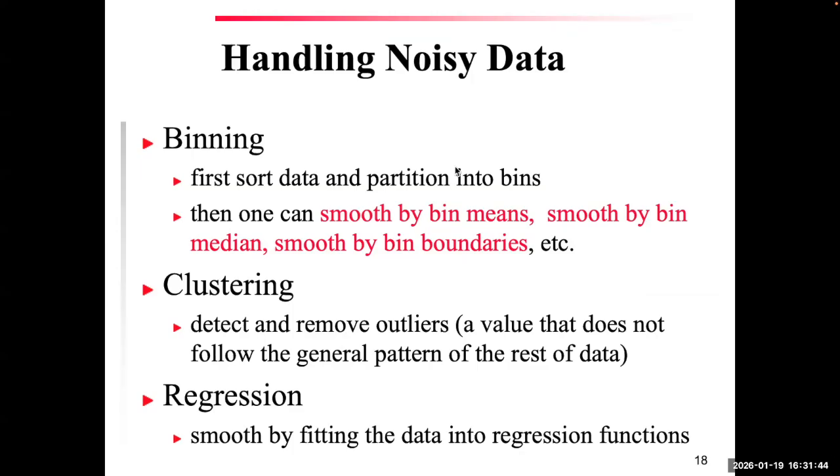This is why binning helps. When you do binning, we said that we smooth by bin means or median or boundaries, etc. So when you're smoothing the data, it means your extreme values or the random fluctuations or noises that you have are getting averaged out.